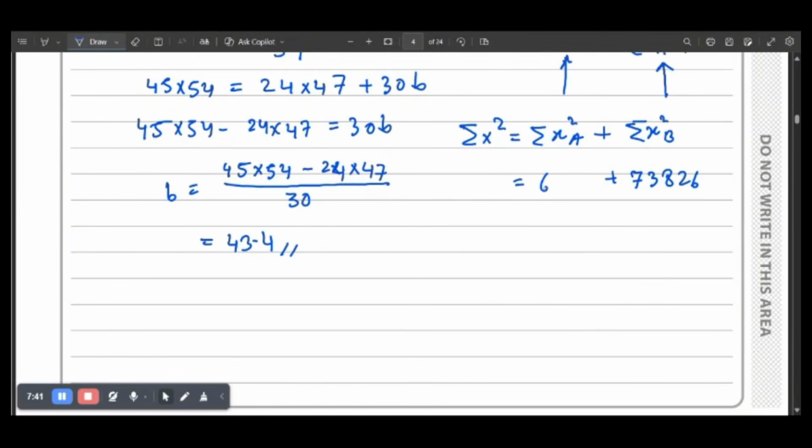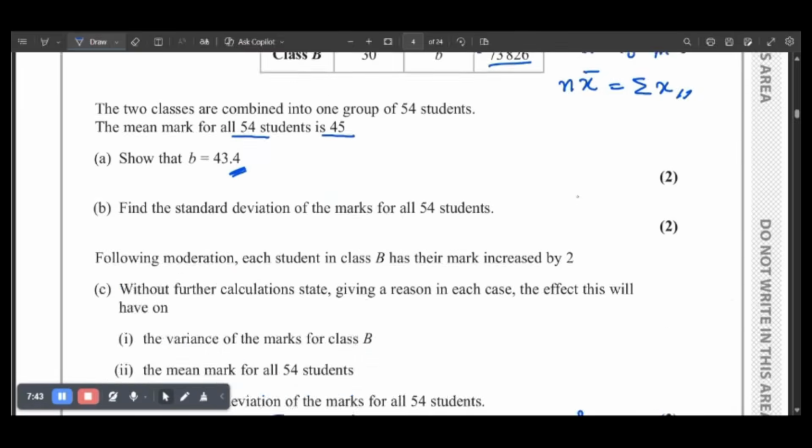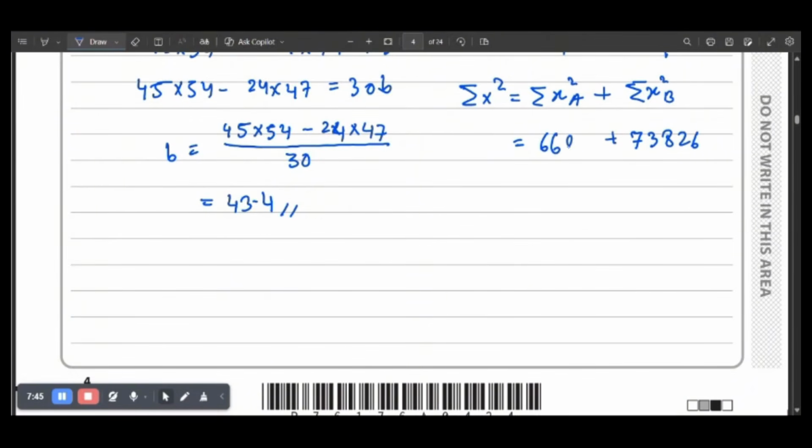Minor correction, 66 and 876. This will equal this, our sum of x square.